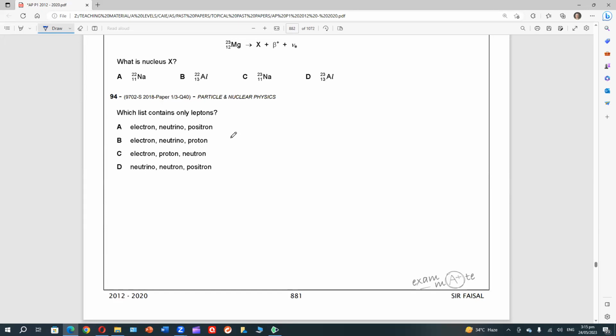Which list contains only leptons? Leptons are fundamental particles like the electron and the positron.